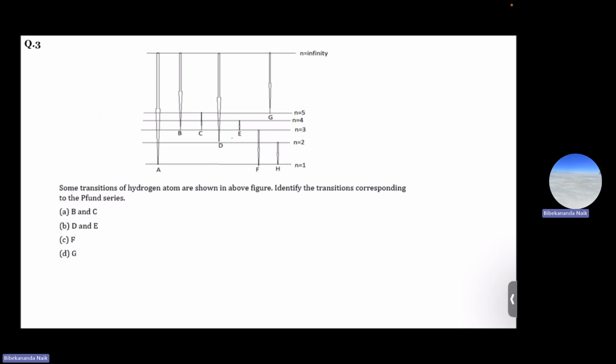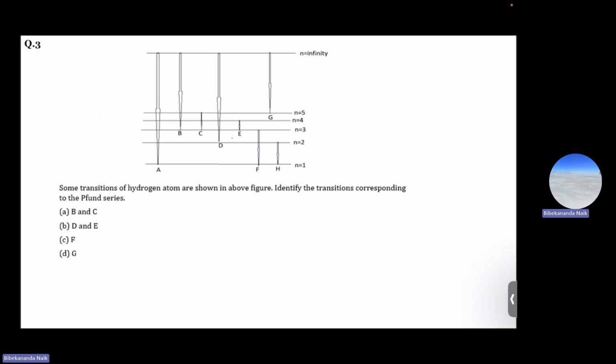So it is related to the spectra of hydrogen atom, and we know hydrogen spectra contains a number of series, different series depending upon the value of principal quantum number, that is n, when the transition occurs. So if you discuss about hydrogen spectra, suppose this is infinite as mentioned here.